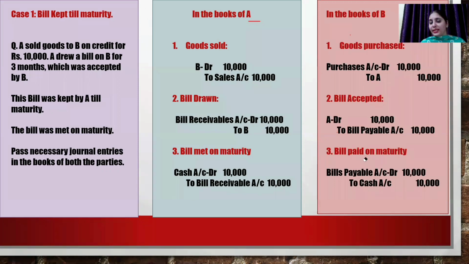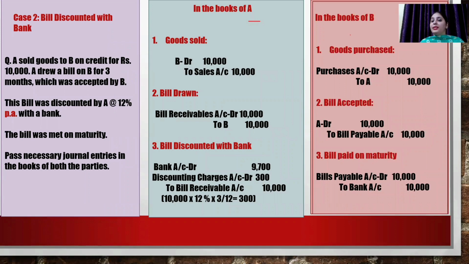Moving to our next case, which is very important as there is calculation involved for discounting charges. Bill discounted with bank. When is a bill discounted with bank? When the seller is in need of funds, he or she will approach his or her bank and borrow money from the bank, keeping their bill with the bank.